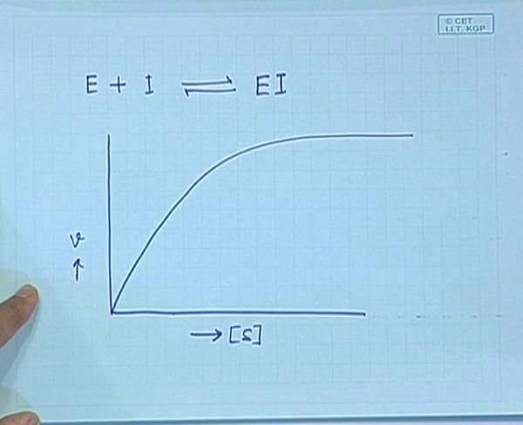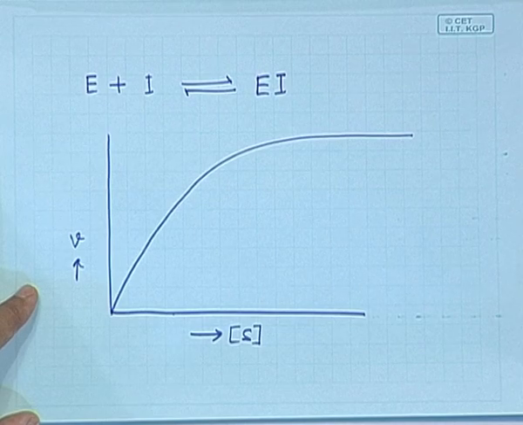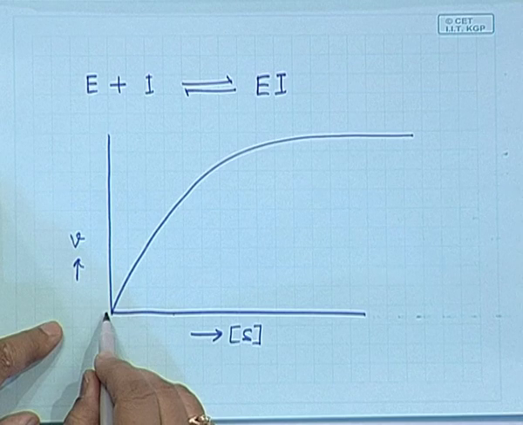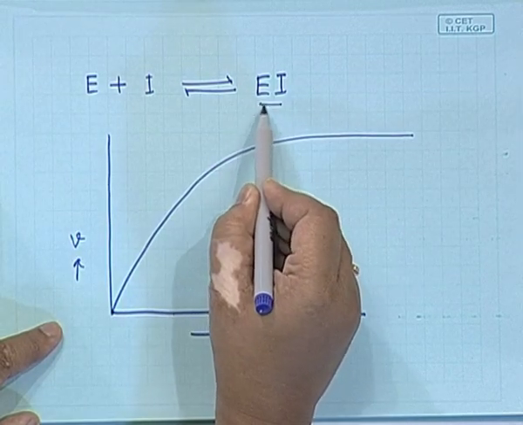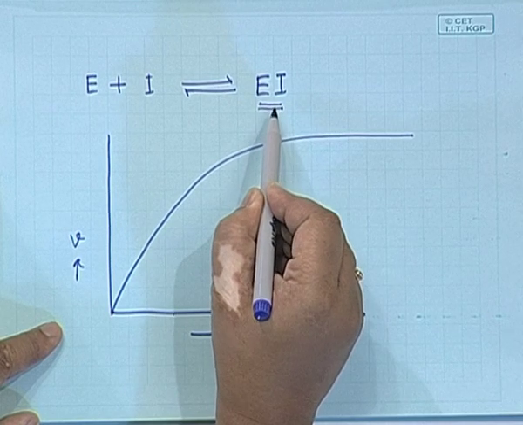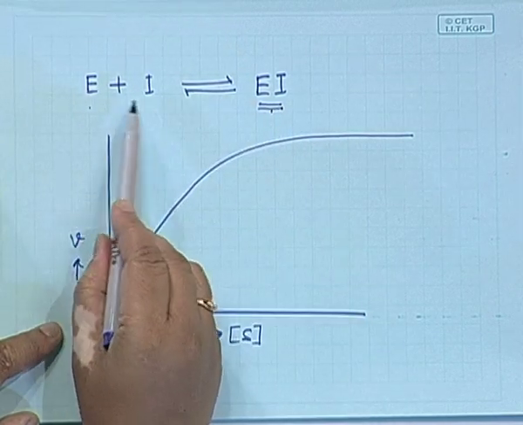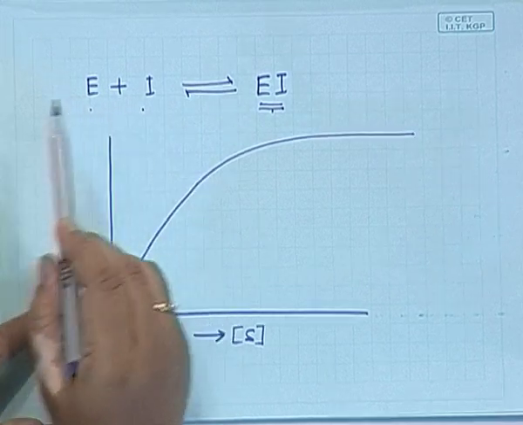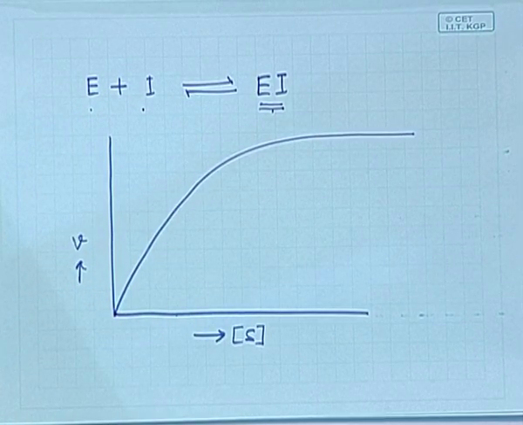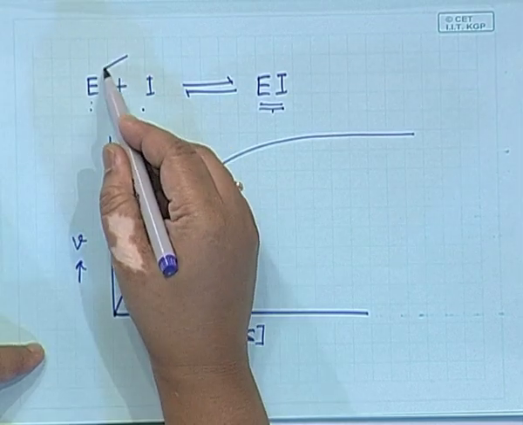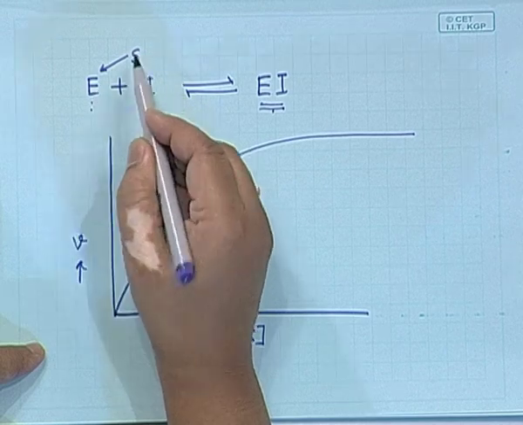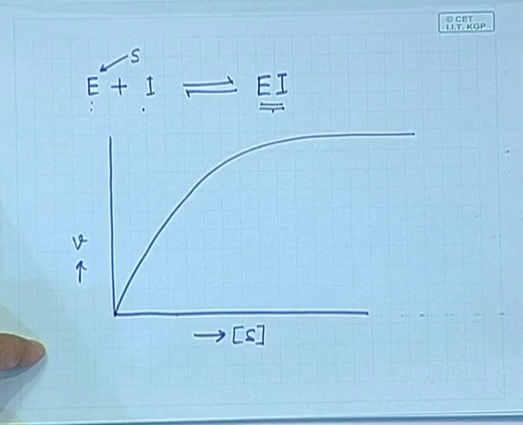This is what I get, right? If I have the inhibitor, how is this going to change? Since I have an equilibrium here, the enzyme inhibitor complex also dissociates to the enzyme and the inhibitor. So, once the enzyme is available again, the substrate can form the enzyme substrate complex.